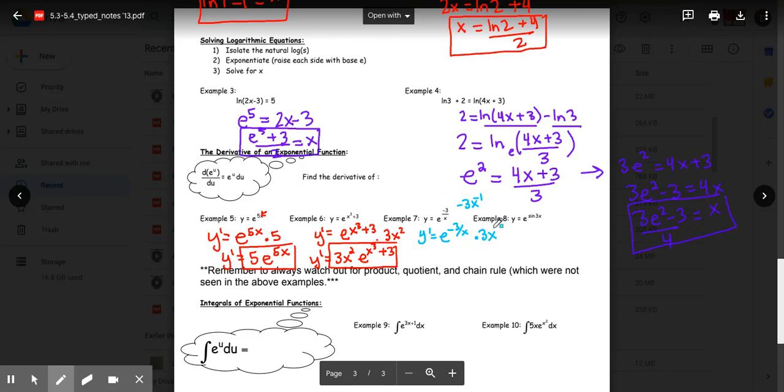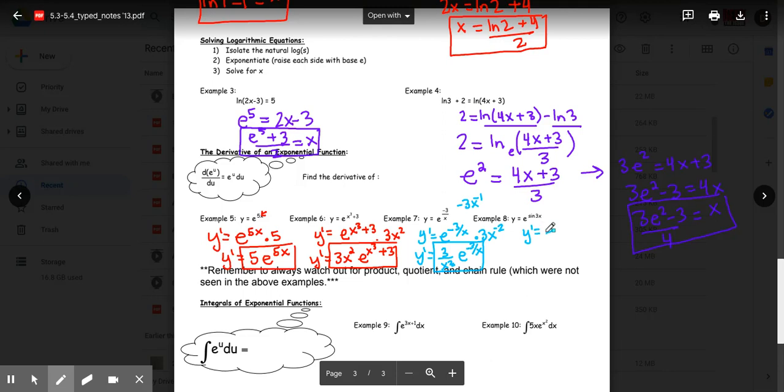You subtract 1. So it'd be x to the negative second. So then your final answer would be, and I would move this part in front, 3 over x squared times e to the negative 3 over x. And there's your derivative. So remember, derivative of an exponential is easy. Keep it the same times the derivative of the power.